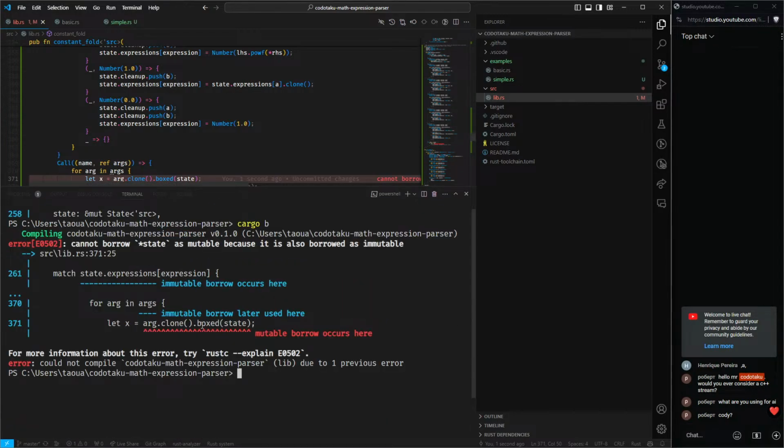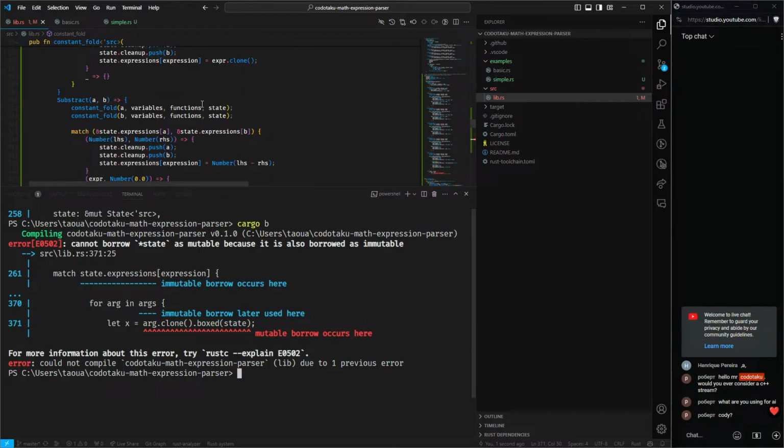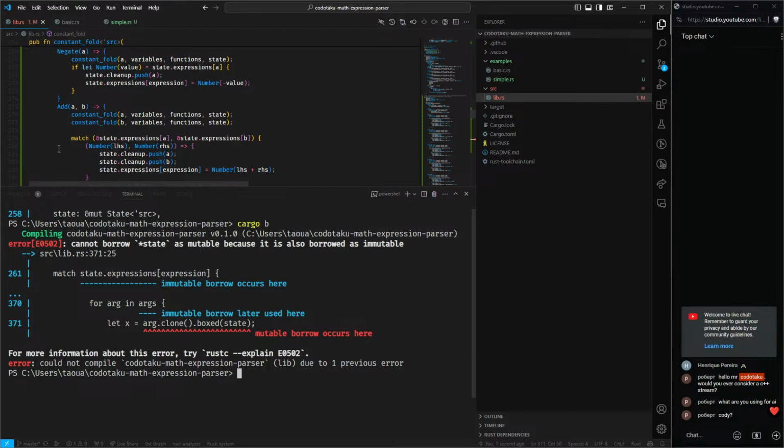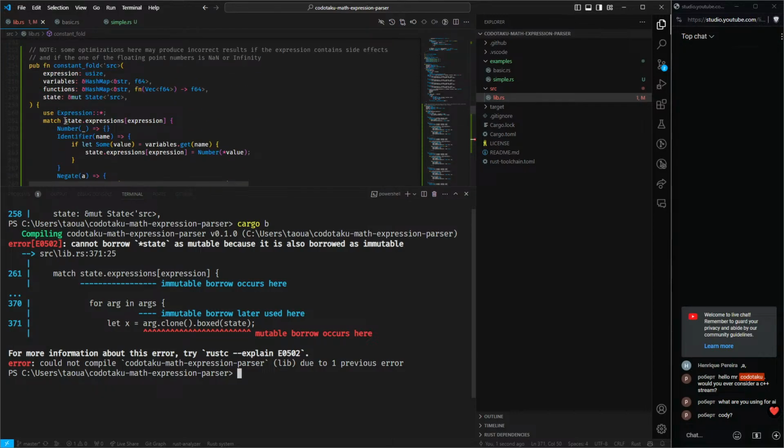Okay, let me see the whole error. So immutable borrow occurs here in line 261. Immutable borrow. Are you sure about that? We don't have a borrow here, do we?